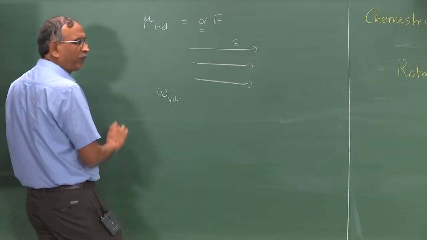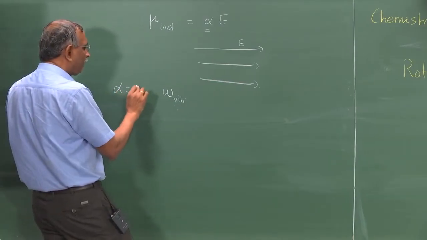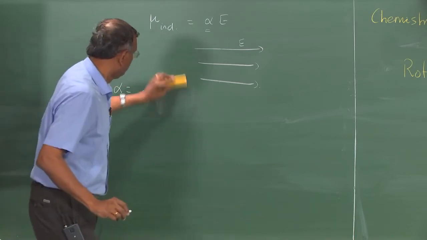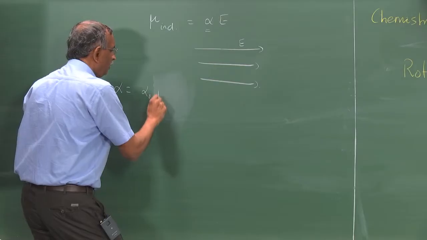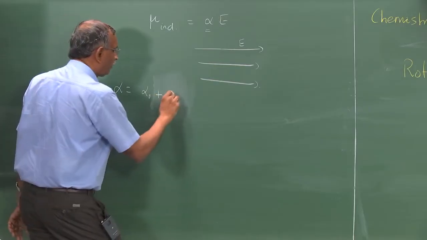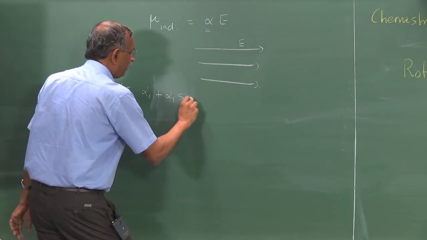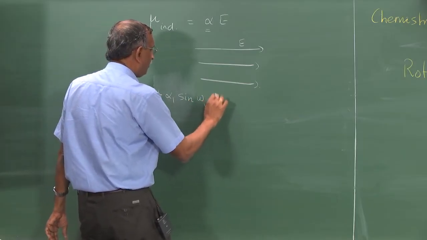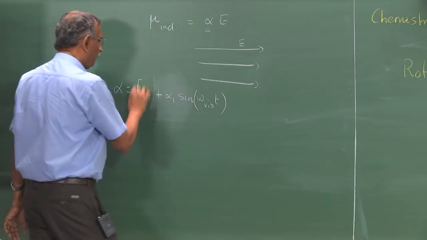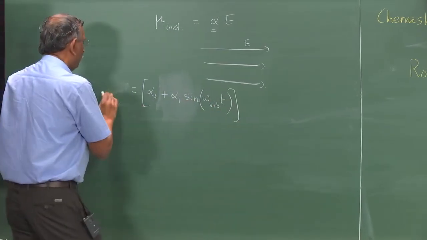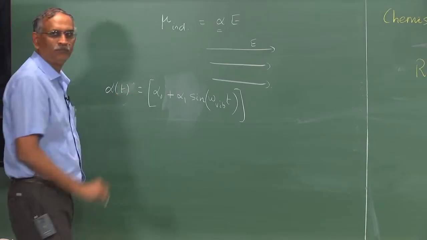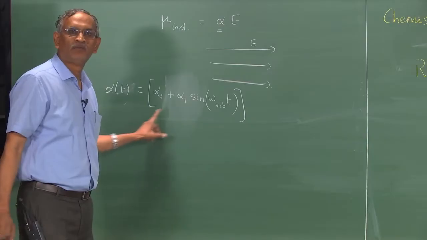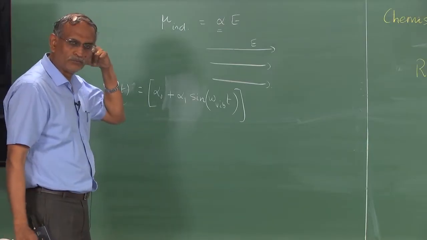If the molecule is vibrating, then alpha is also changing in time by the simple relation alpha naught plus alpha 1 sine omega vibration times t. This is the polarizability as a function of time, due to the vibrations in the molecule.